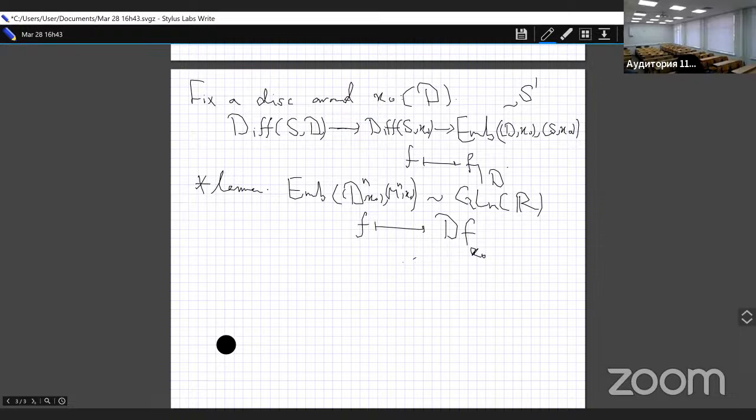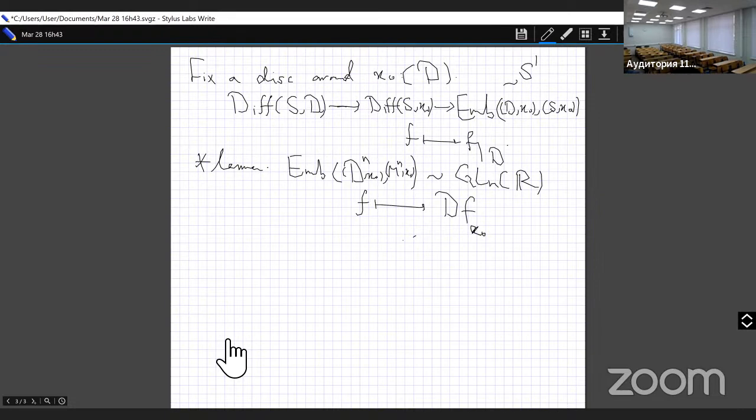Okay, so if you assume this, again, if we look at the exact sequences, we have two cases. The first case is for, again, i greater than 1.